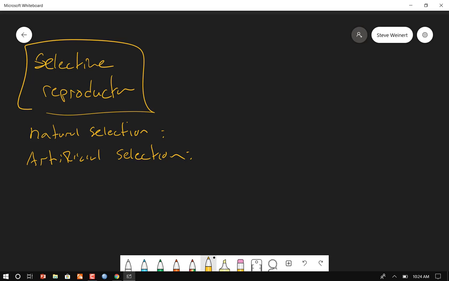So the thing is that for natural selection, sometimes it's going to be random. Is random good for genes? Yes.